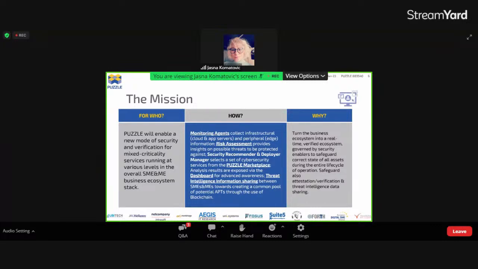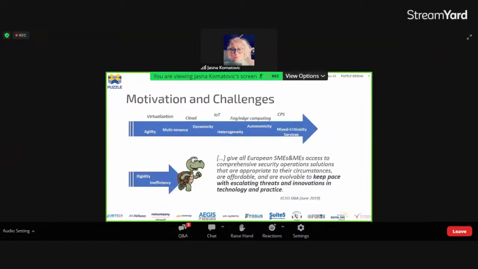So to turn the business ecosystem into a real-time verified one, governed by security enablers to safeguard the correct state of all assets during the entire life cycle of operation, also attestation and/or verification and threat intelligence data sharing.